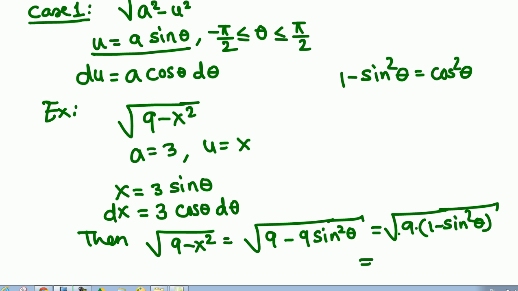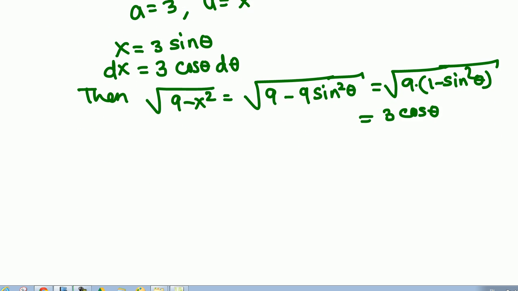Now the square root of 9 is 3, and 1 minus sine squared is cosine squared, and the square root of cosine squared is cosine theta. That's the purpose of making this substitution. Now we don't have a square root anymore.